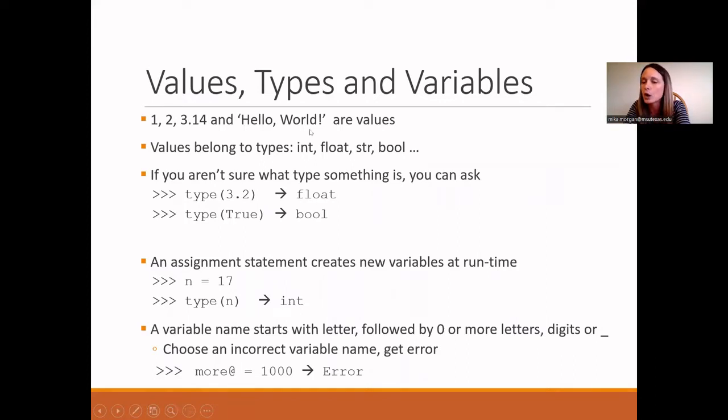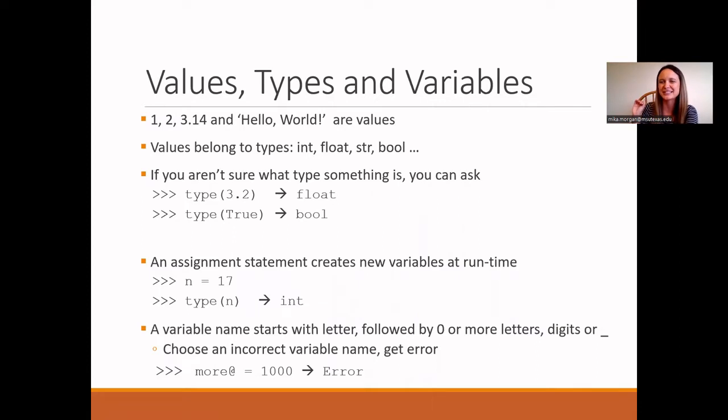A string would be a word, a sentence, a single letter, anything that you have in quotation marks like that. Would it make sense to say that you were going to multiply together two words or add together two words, right? That's not necessarily an operation that you would be doing with strings.